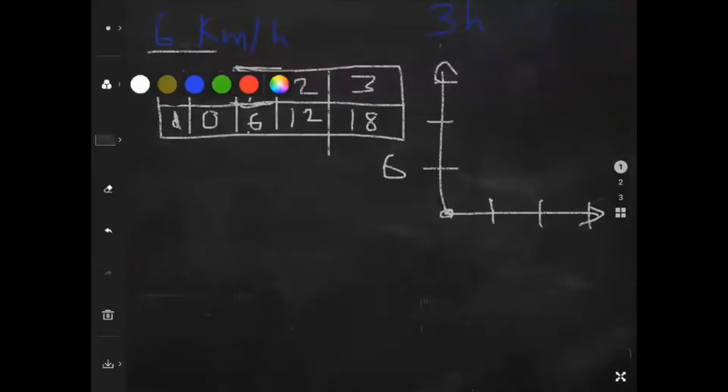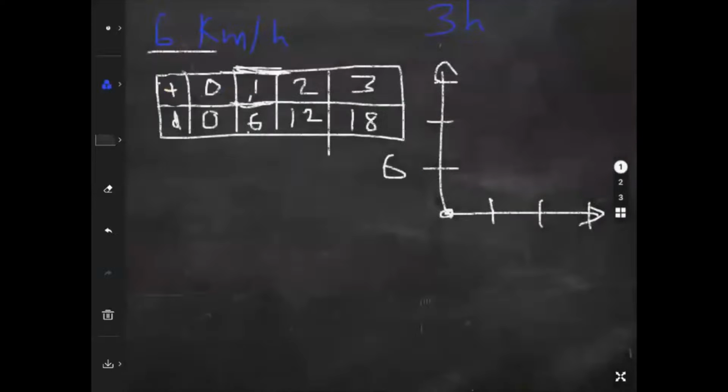Oh, sorry, I've just done it white. Let's change that color. So first point is going to be here. Then we've got 1 hour and 6. So 1 on this time axis. This axis here is going to be time, and this axis up here is going to be distance. So 1 on the time, that's this one here, and 6. So our point is going to be around there. Then we've got 2 and 12. Let's fix that up.